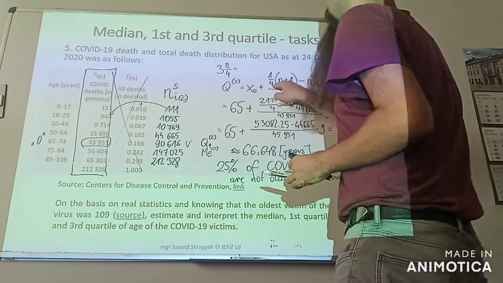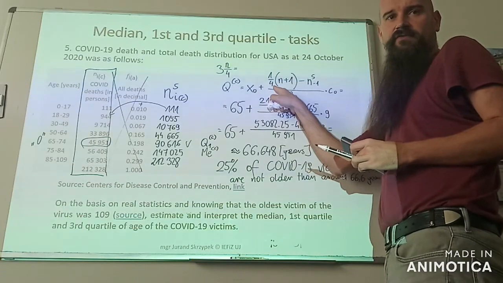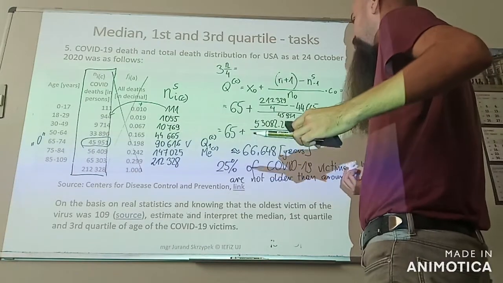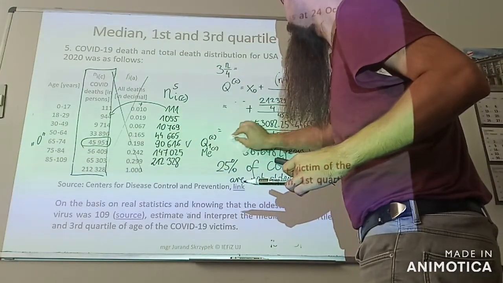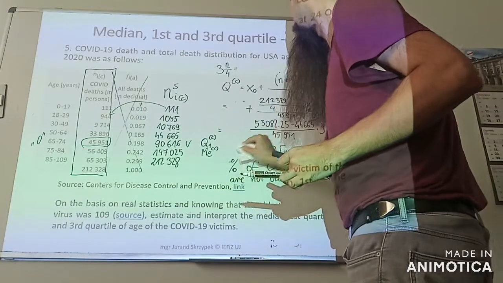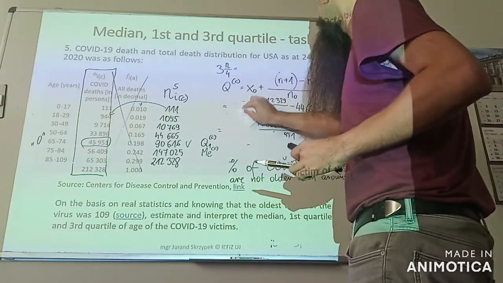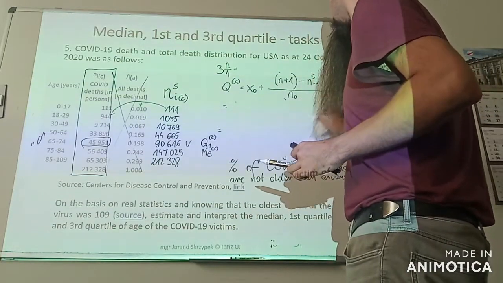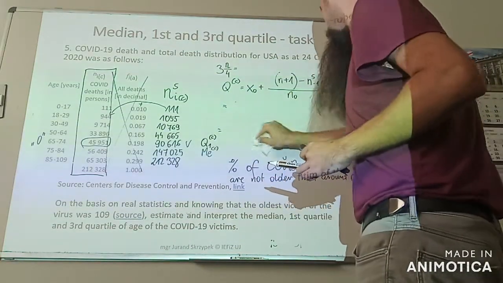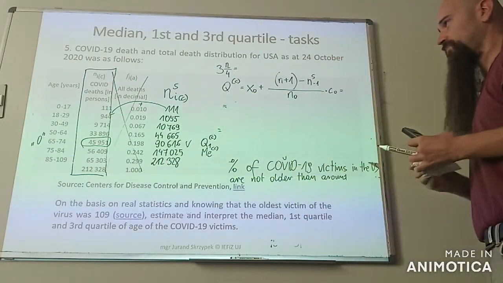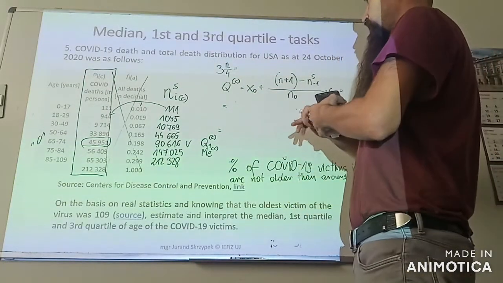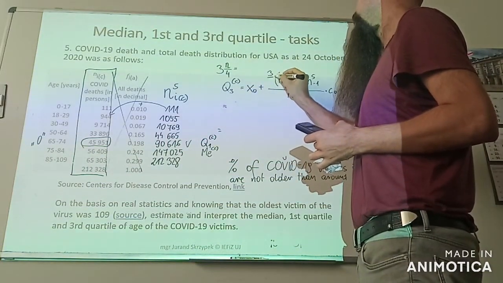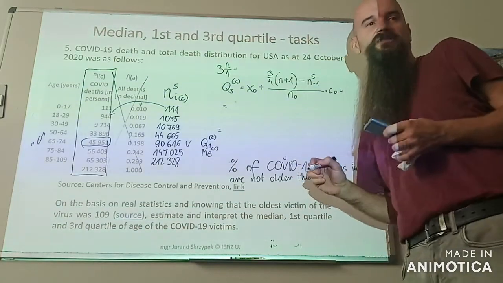Here we change only the fraction and the number, and that's all actually. All right, wait a second. Please keep calm. All right. Here we have third quartile, and here we have 3/4, and that's all.